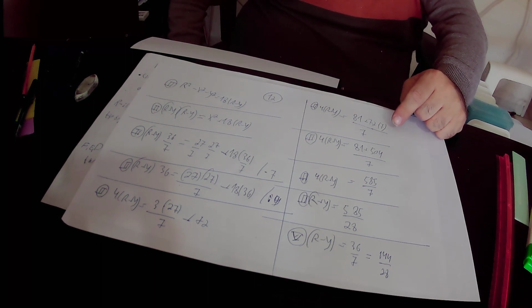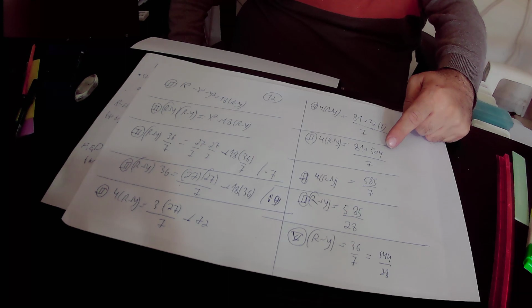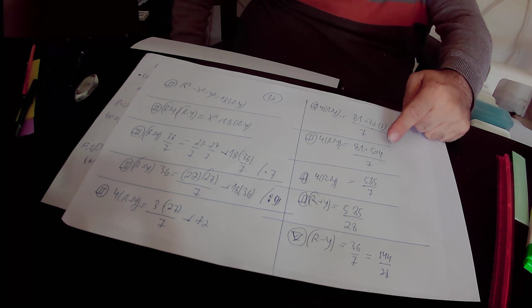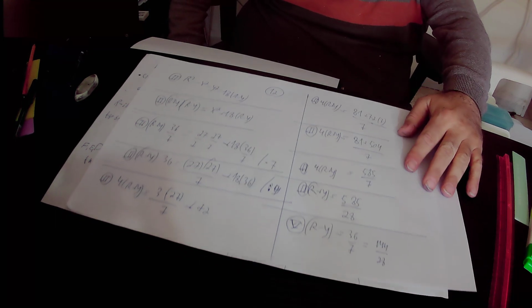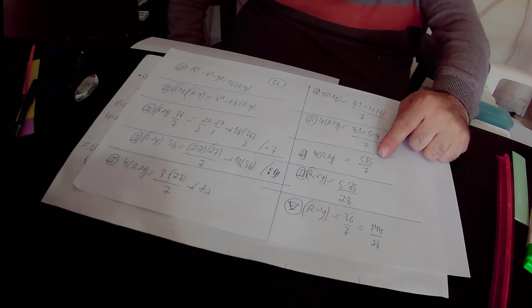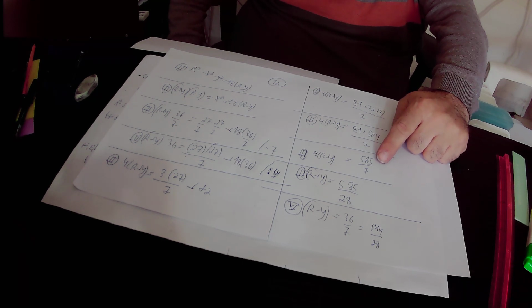Here 7 times 72 is 504. So we got here 4 times r plus y equals 81 plus 504 over 7. 81 plus 504 is equal to 585, all divided by 7.